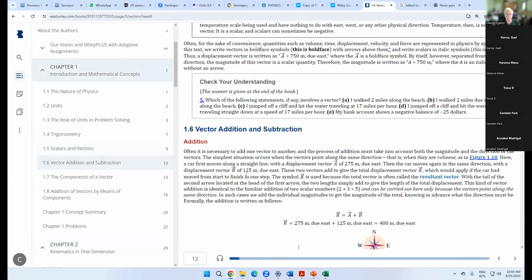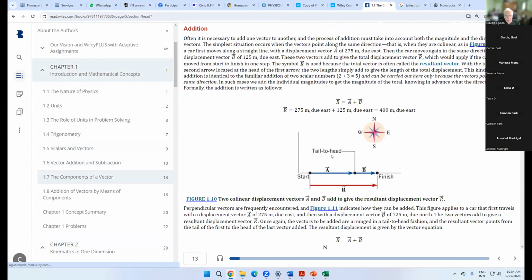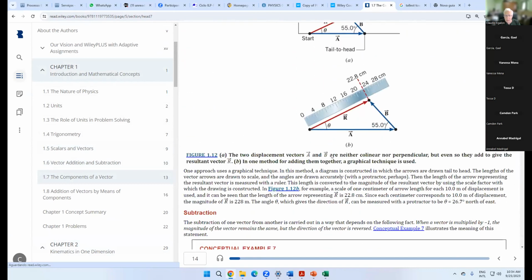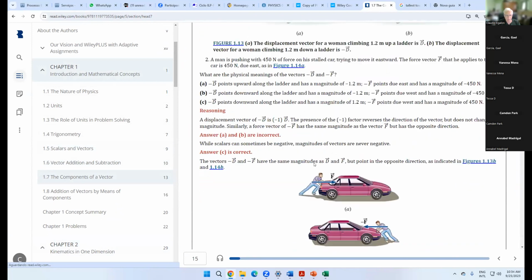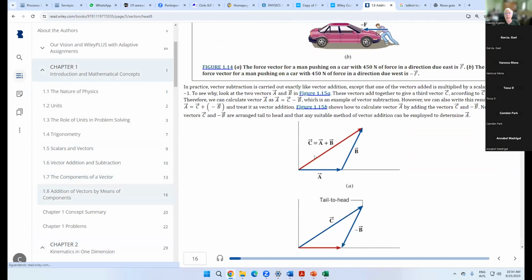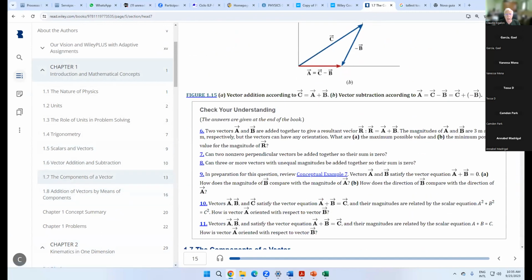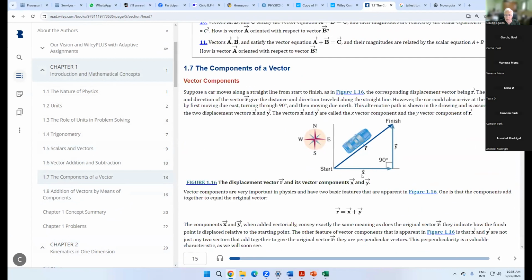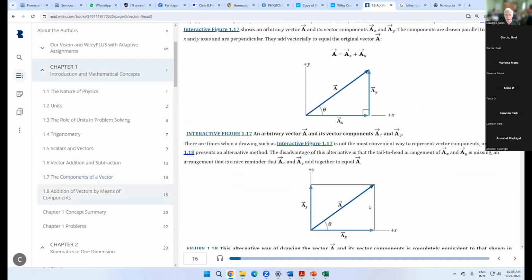Representation. Oh yeah, bold-faced with an arrow. They are putting an arrow on the bold-face, but some books use just the bold-face without the arrow at the top.